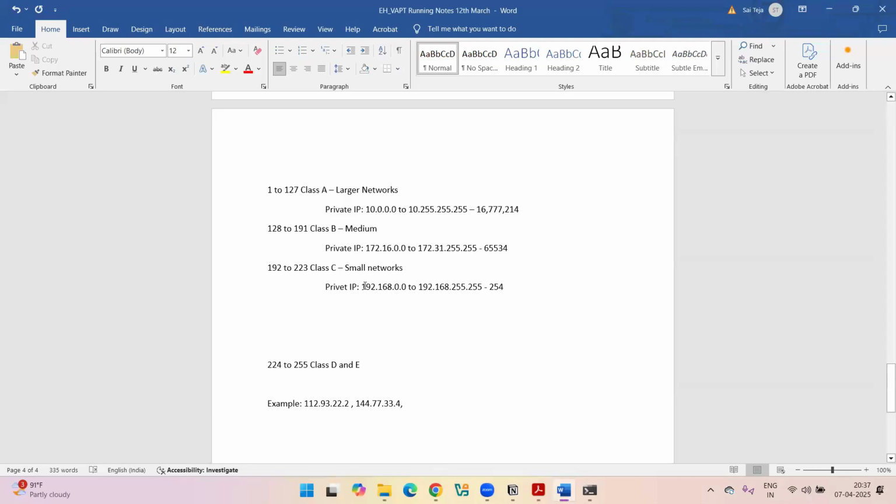If something starts with 192.168, it is a class C private IP. So if you ping it from your system, you cannot reach it. You don't get any response because a private IP address is only used for internal purposes. You have to come and sit in my same network, and then you will be able to reach it. Understand? So someone has given you a private IP for you to conduct the pen test. The very first thing is you cannot reach it.